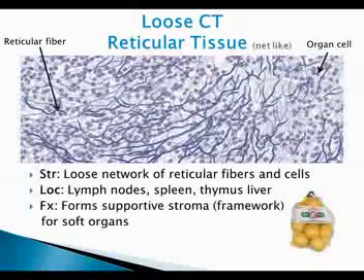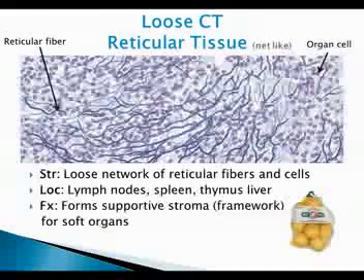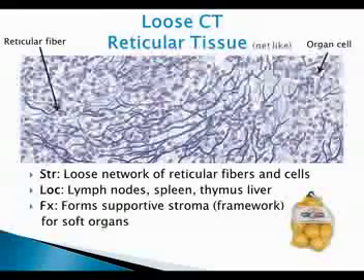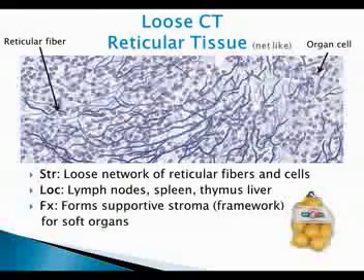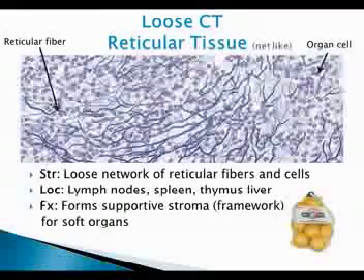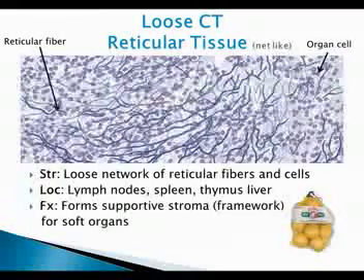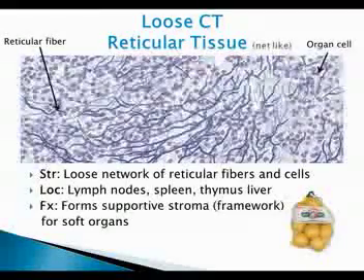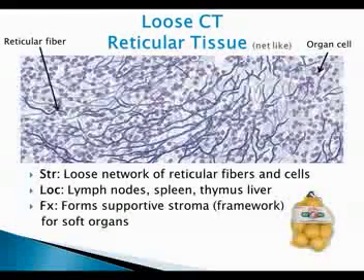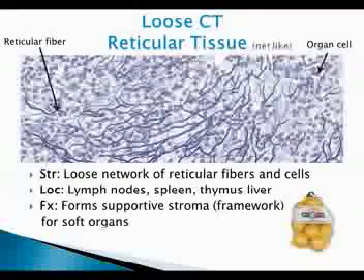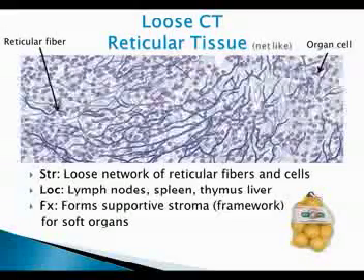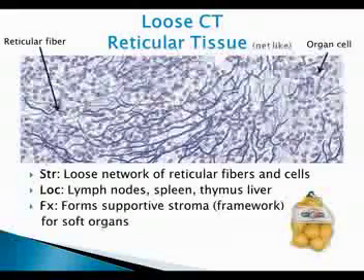But when you put the grapefruits in, you have a defined shape to it, and that's what happens with reticular tissue: you're forming a framework around soft organs, and the shape of those organs is really dictating the shape of that reticular tissue. What's really nice about that bag is it allows stuff to be filtered through, so you could wash those grapefruits with a hose if you wanted to.